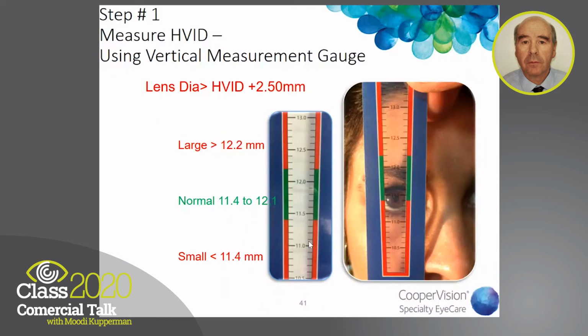Another option that we have is a ruler that shows us, you can see it here, how we can measure the HVID, very easy, and we can see the large, the normal and the small. But of course the formula is the same: lens diameter bigger than HVID plus 2.5 millimeter.